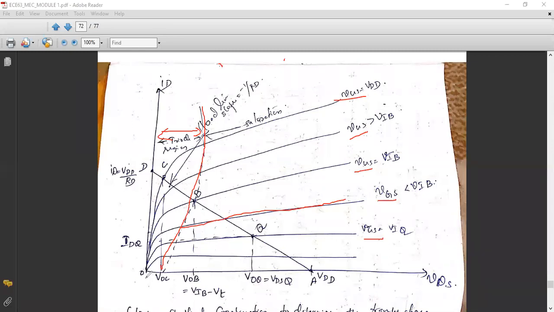For a very small change in VDS, you have a large change in your drain current in the triode region, and it is bending, and finally it becomes constant, as you can see. Likewise, I have drawn 6 graphs, and each graph corresponds to a different VGS.